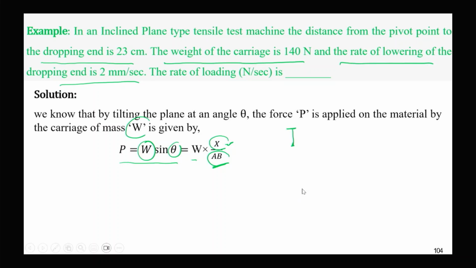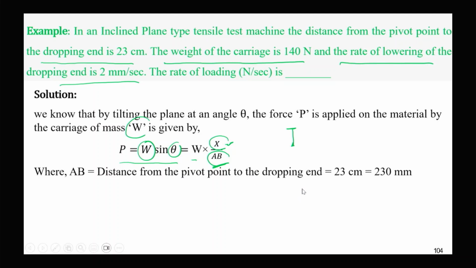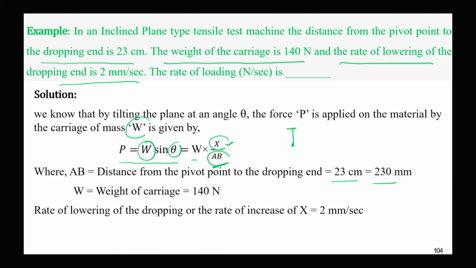The AB distance is given here as 23 centimeter or 230 millimeter, and weight is 140 Newton.